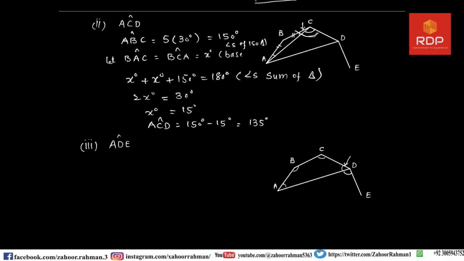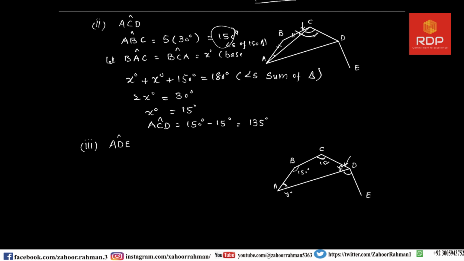Okay, let us now start. ABC and BCD, this angle and this angle, is 150 degree. We found that this is 150 degree, and this is also 150 degree. So we can consider this is y degree, and this is also y degree.